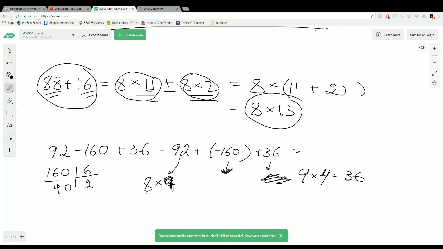So yes, it is. What about 160? Is 160 a multiple of 9? Suppose you're not sure. Okay, let's try to divide again. 160 divided by 9. Well, if I take 1 9, what will I be left with here? A 7. And if I bring a 0 down, does that work?